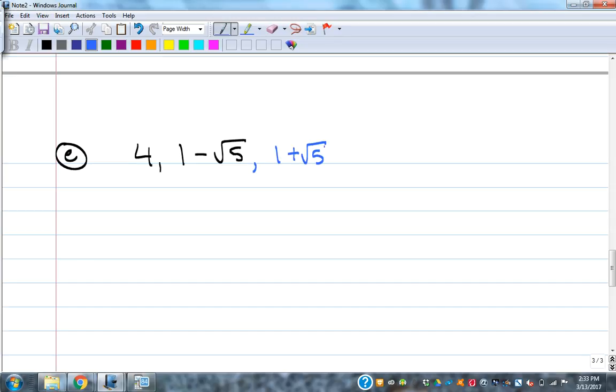Right. Know this, that's there. They don't tell you about it. It's there. Know it. Okay, that's the thing that's the algebra 2 part. You got to know that.